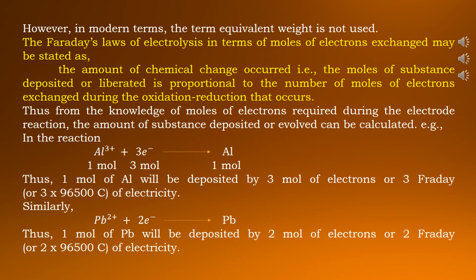Therefore, the amount of electricity needed or amount of products formed can be calculated from the electrode reaction. So, you have to learn how to write these reactions, then you will be able to solve the numerical problems related to Faraday's laws of electrolysis.